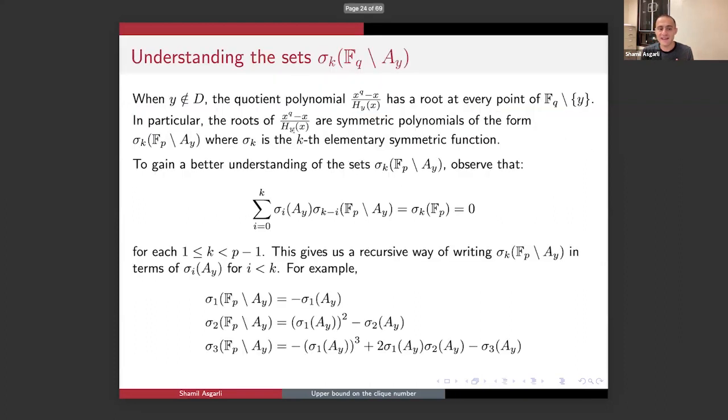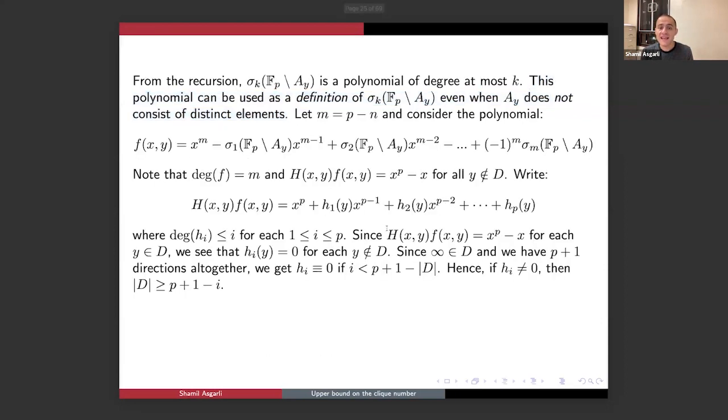That allows you to write down this recursion, and then polynomial expressions for sigma k of F_p minus A. But then you say, okay, I have those polynomials already fixed. Let me just remember them. Those polynomials can now serve as a definition of sigma k of F_p minus A, even when A does not consist of distinct elements.